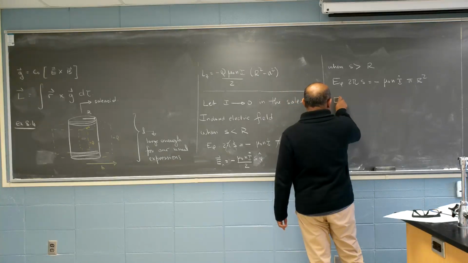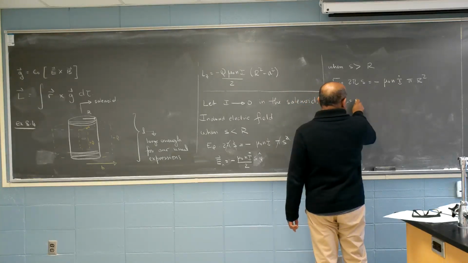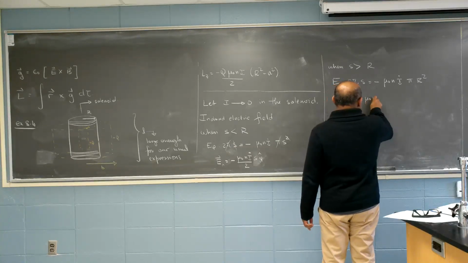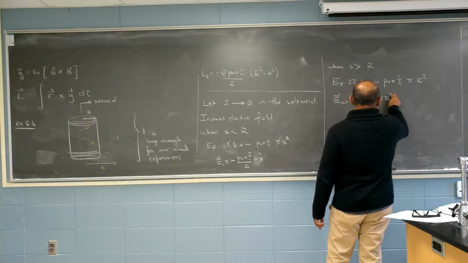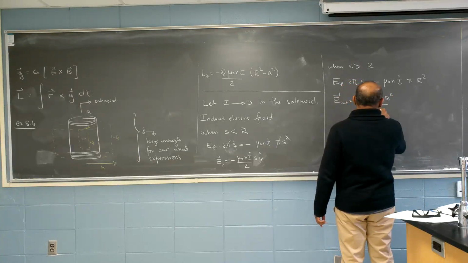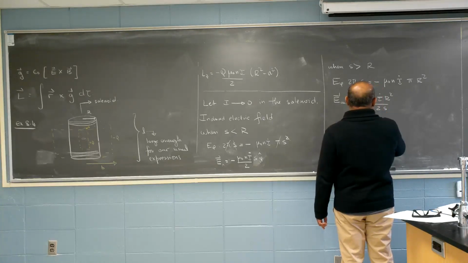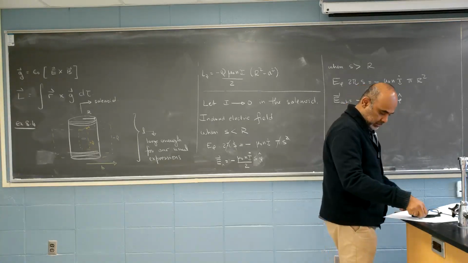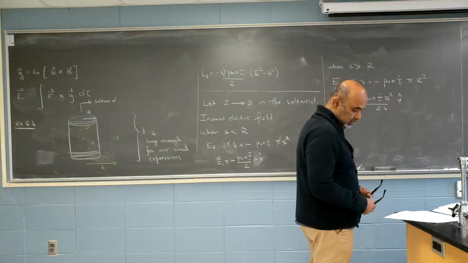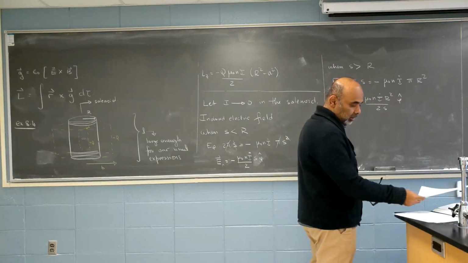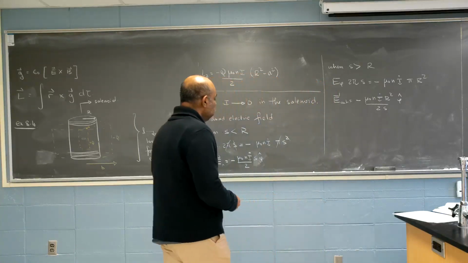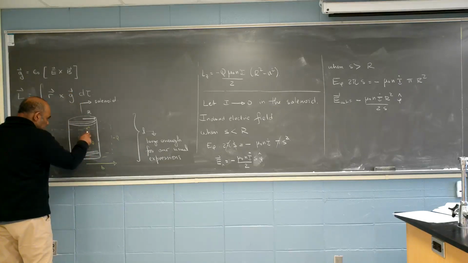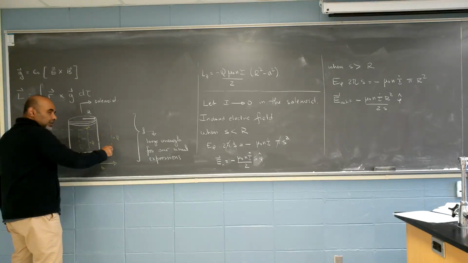So then E out is minus mu 0 n I dot r squared over 2s times what? Phi hat. Again, check. Perfect. So there is E in this region, E in, and then there's E out in this region.